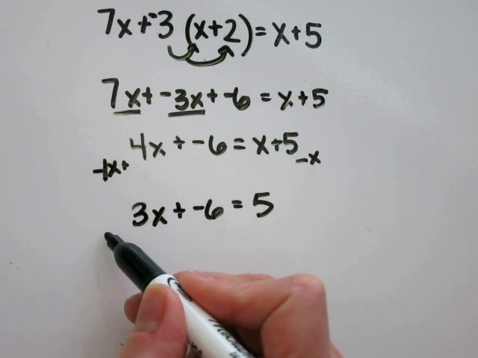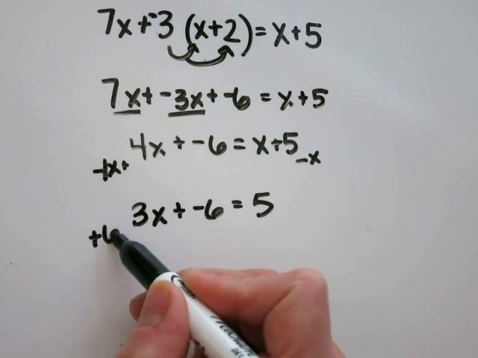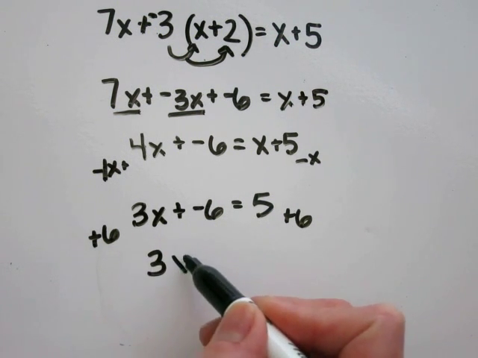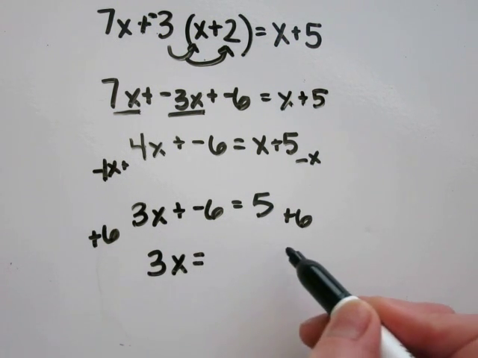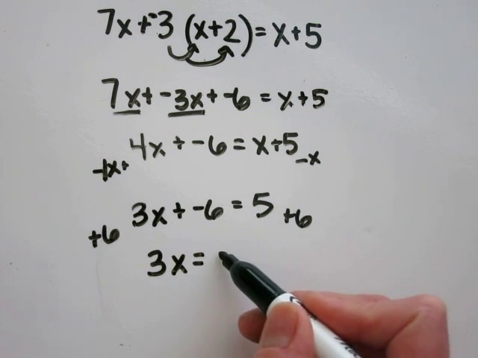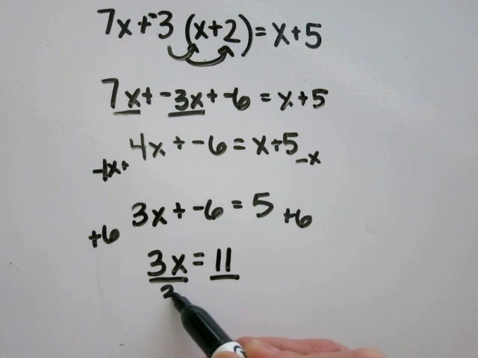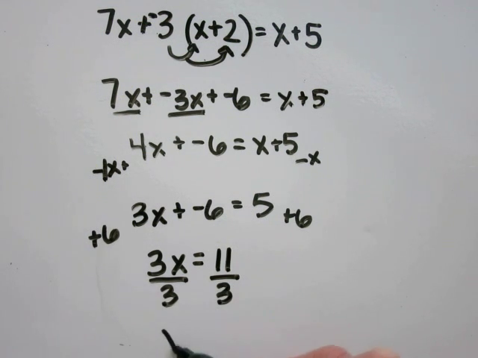Now I want to isolate the x, so I will add 6 to each side. Leaves me with 3x equals 5 plus 6 is 11. Divide each side by 3. You're left with x equals 11 over 3.